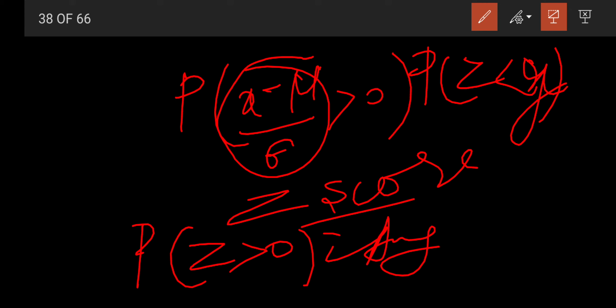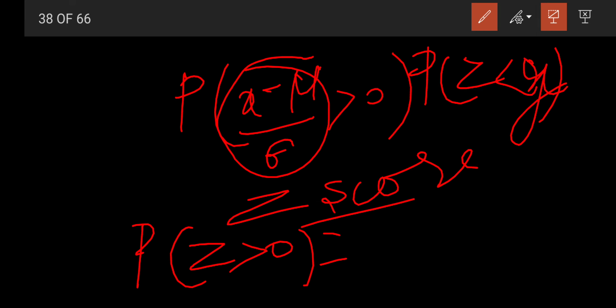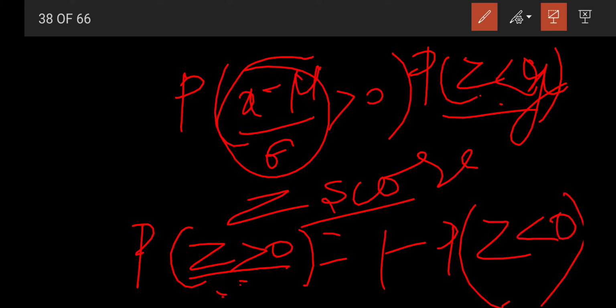This is actually very easy. What is the sum of the probabilities? 1, right? So the sum of these two will be 1. So the probability of z greater than 0 is equal to 1 minus the probability of z less than 0, right?